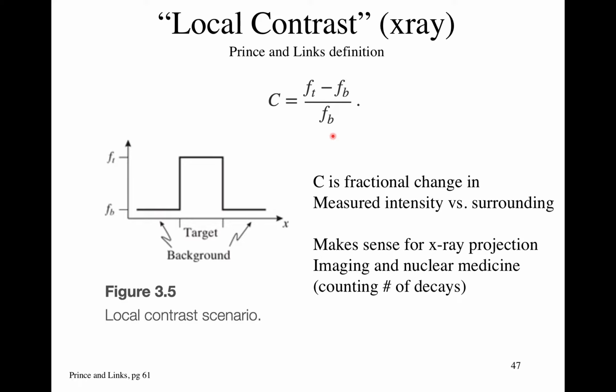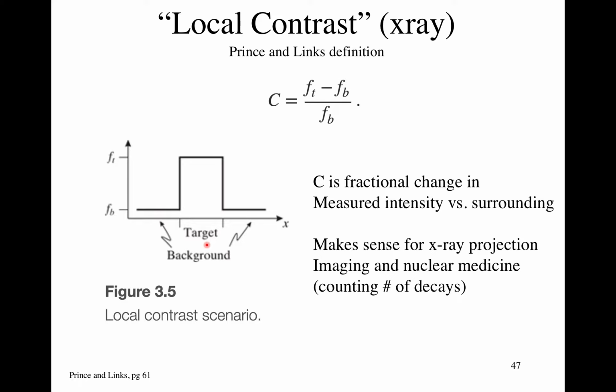So you have a radionuclide in the patient giving off gamma rays, and you're counting those. Then this contrast makes sense. The reason it makes sense is because regardless of the total number of photons that we detect in our detector, this fractional contrast will stay the same.